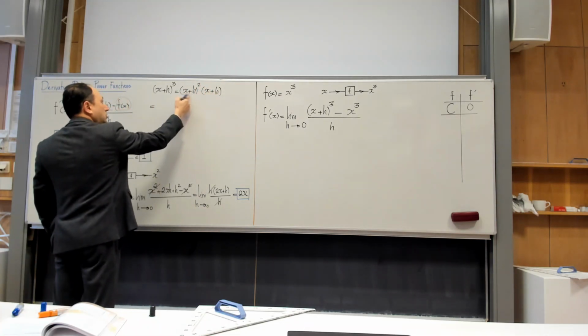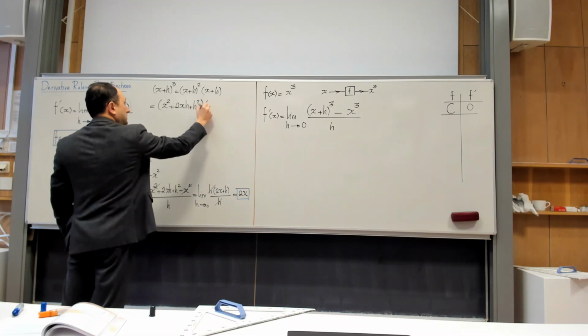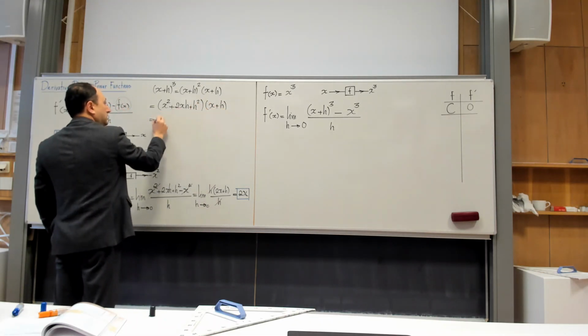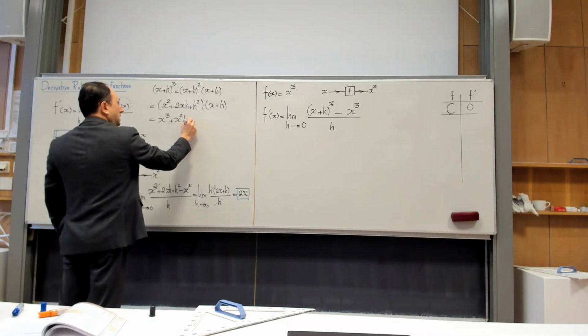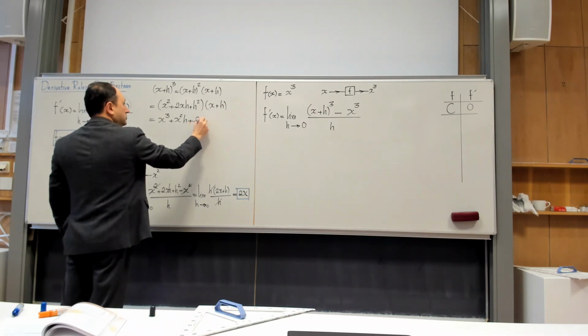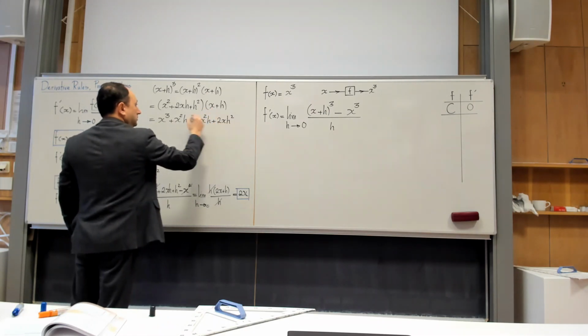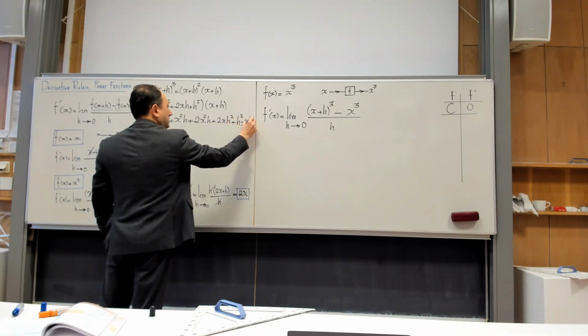And then I know about this. It becomes x squared plus 2xh plus h squared. And then I multiply it once more by this, and let me expand and simplify. It becomes x cubed plus x squared h, and then I will multiply this one, 2x squared h plus 2xh squared plus h squared x plus h cubed, yes?